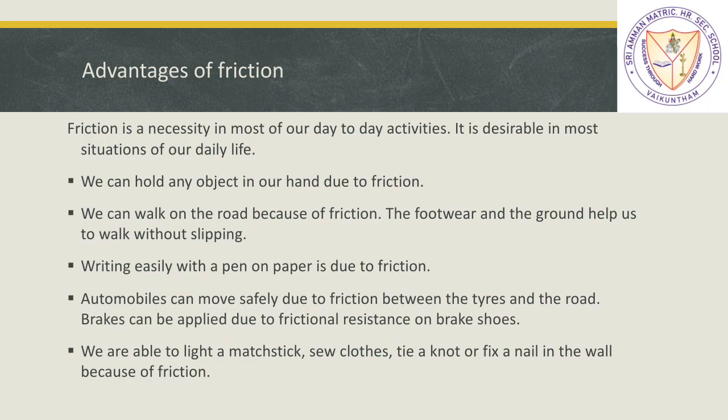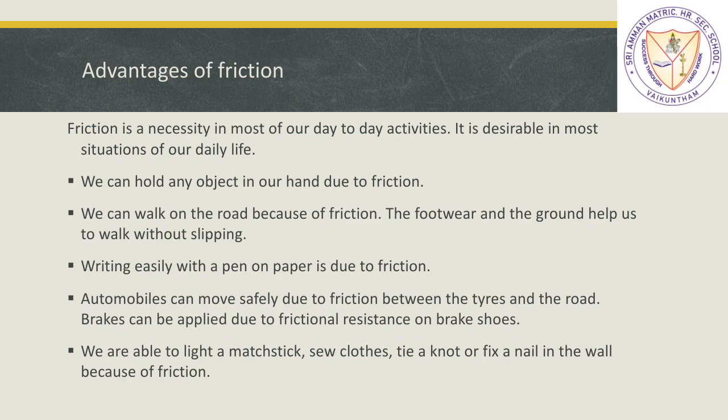The next thing, we can walk on the road because of friction. The footwear and the ground help us to walk without slipping. It is very easy to walk on a rough surface than on a smooth surface. For example, we all have seen the slipping of a boy or a man when he steps on a banana peel in the previous class.